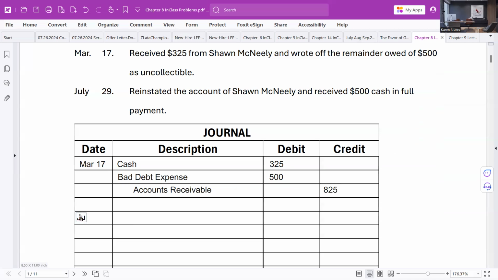On July 29th, we determine that we will be able to collect some of the cash, so we're going to reinstate this account receivable, account receivable for $500, and reverse it out of bad debt expense.